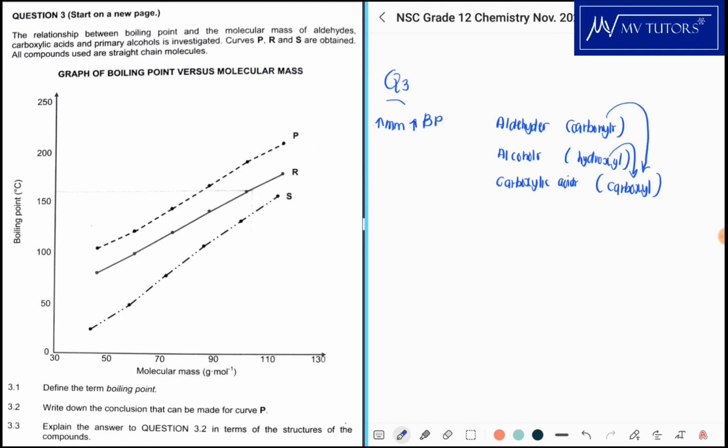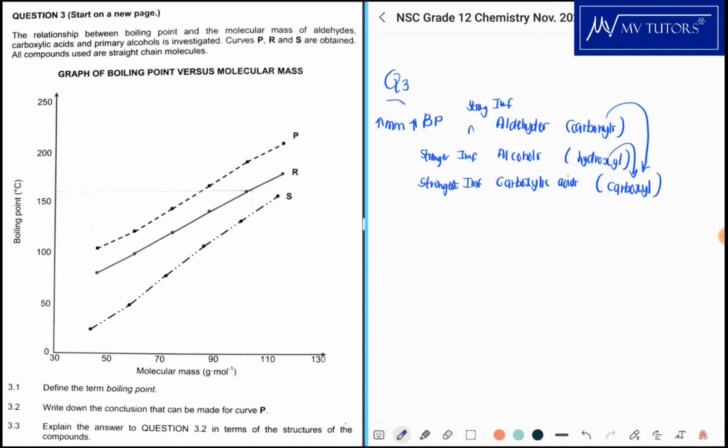So what I'm trying to get to here is that carboxylic acids will definitely have the highest boiling point. They have the strongest intermolecular forces. Then you have alcohols, which are stronger, and then you have aldehydes, which are strong. All of them are polar.